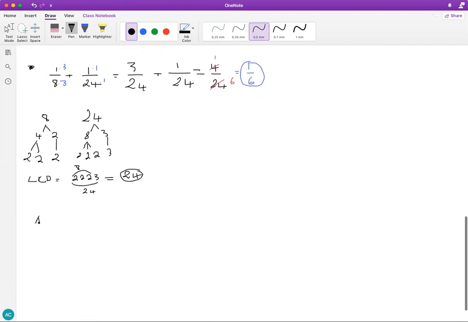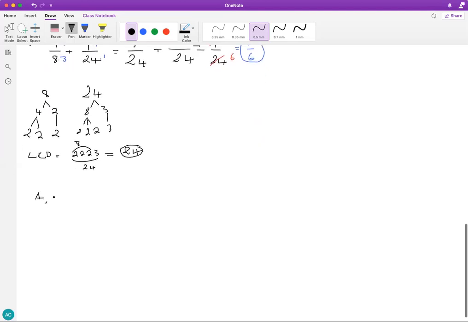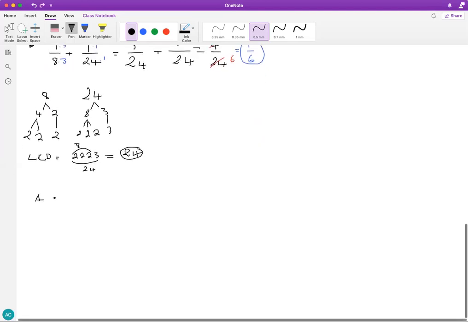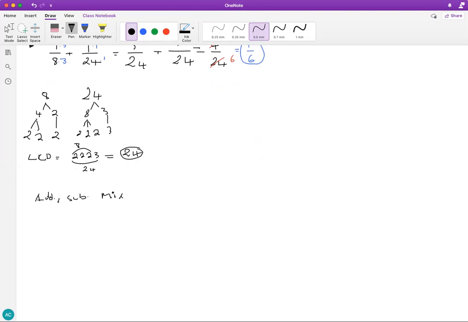So let's do that. Adding and subtracting mixed numbers.